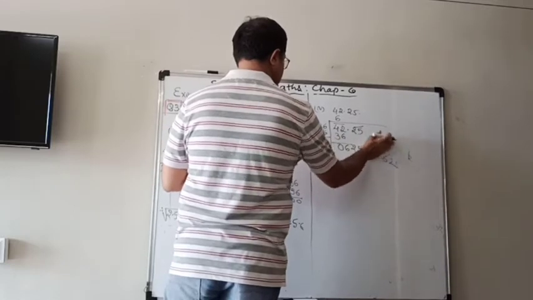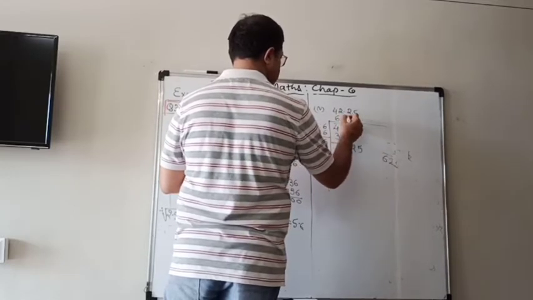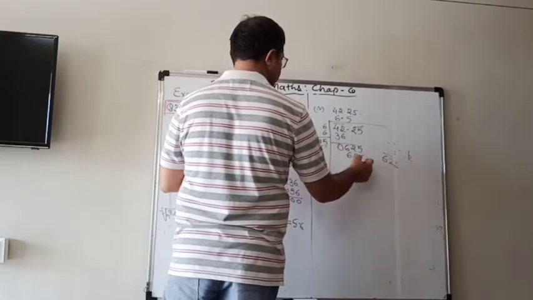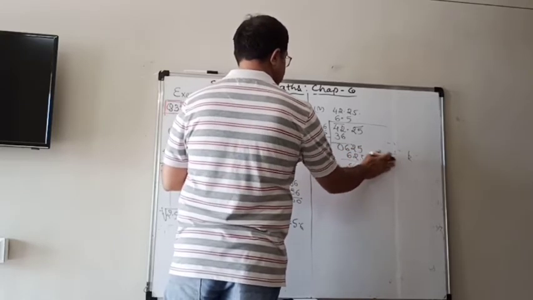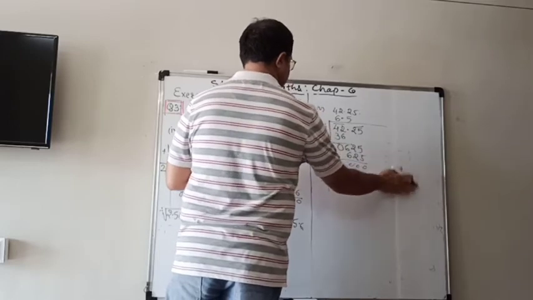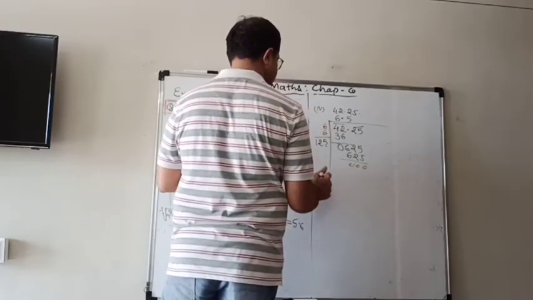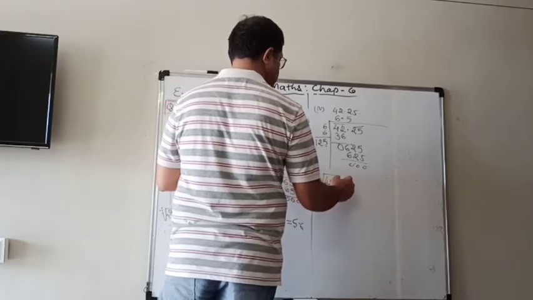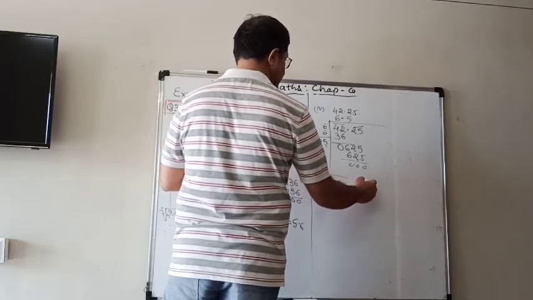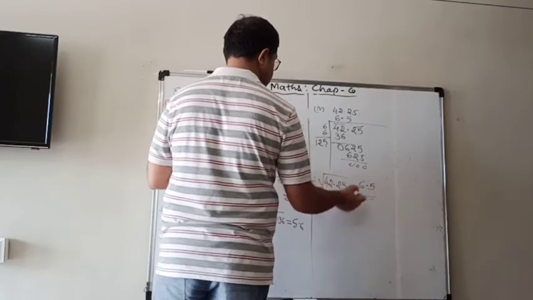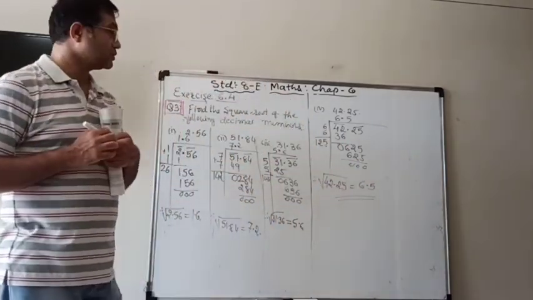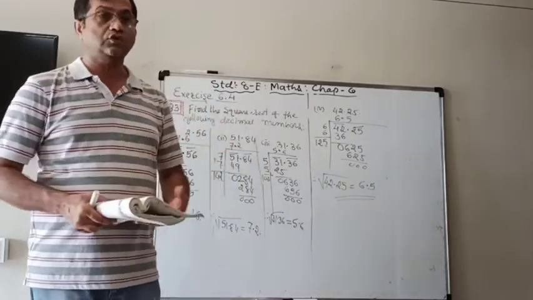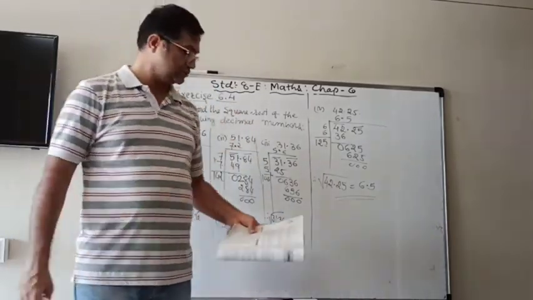So 125, and then put the point also, 5 fives are 625, and your remainder is 0, and therefore we can write down square root of 42.25 is equal to 6.5.